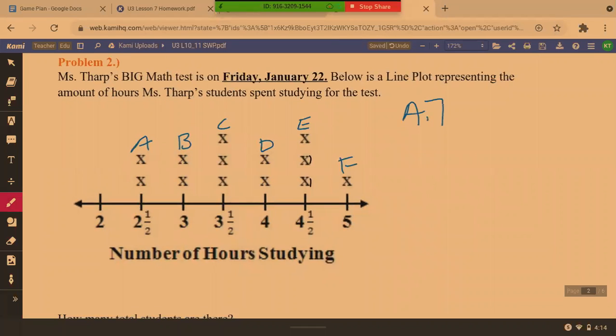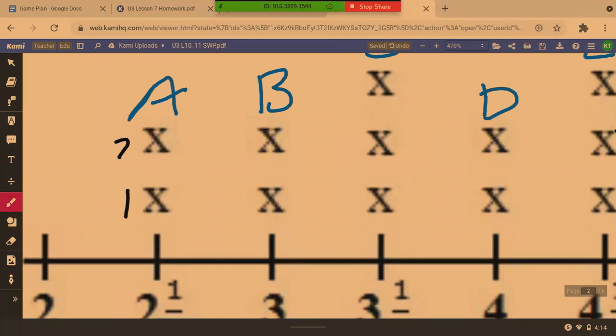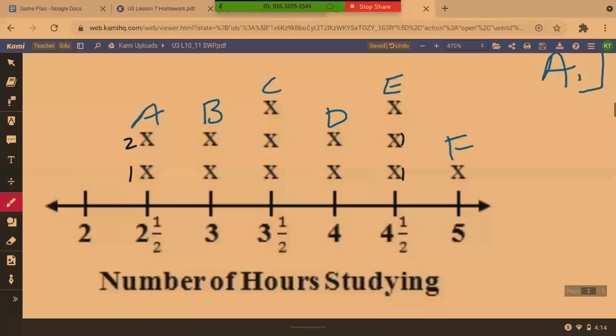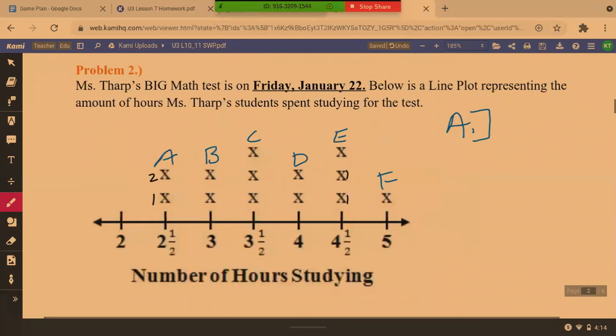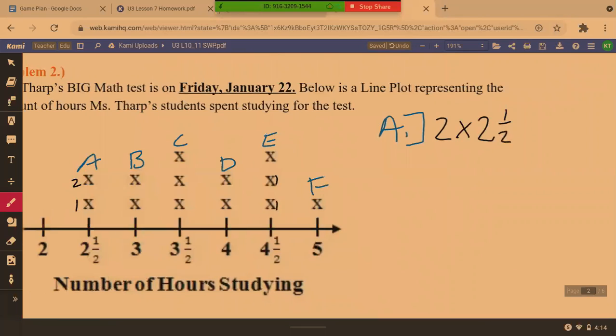So category A. How many students are there? There are 1, 2. Okay, so we have 2 students that study 2.5 hours each. So we're going to do 2 times 2.5. All right. Now, this is pretty simple because we could just do 2.5 plus 2.5, which would be 4 plus 1/2 plus 1/2 equals 5.